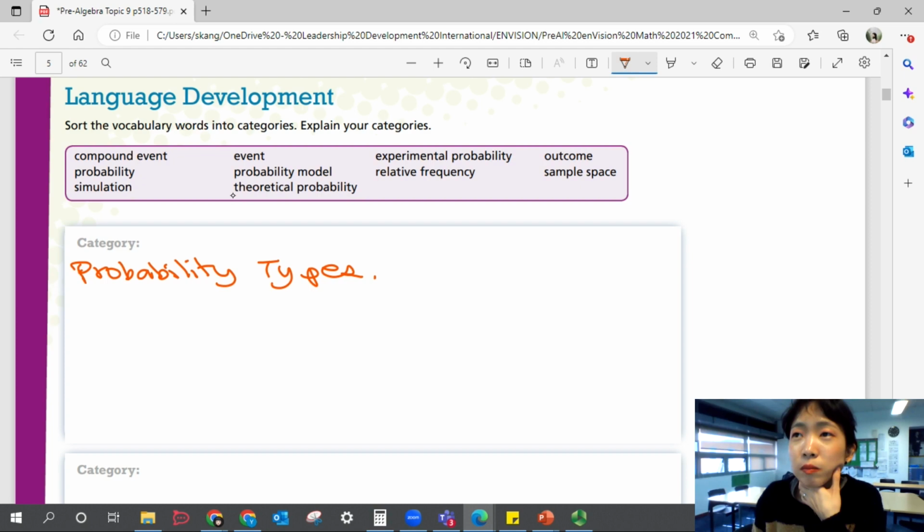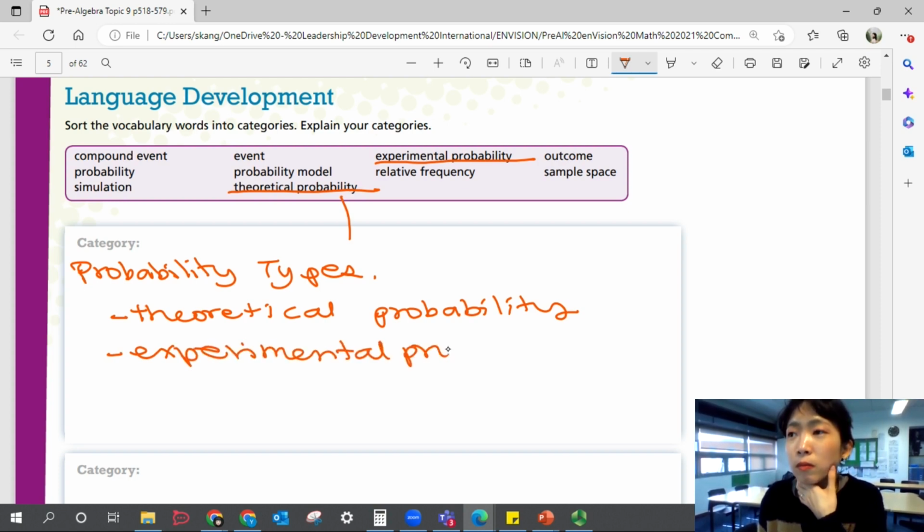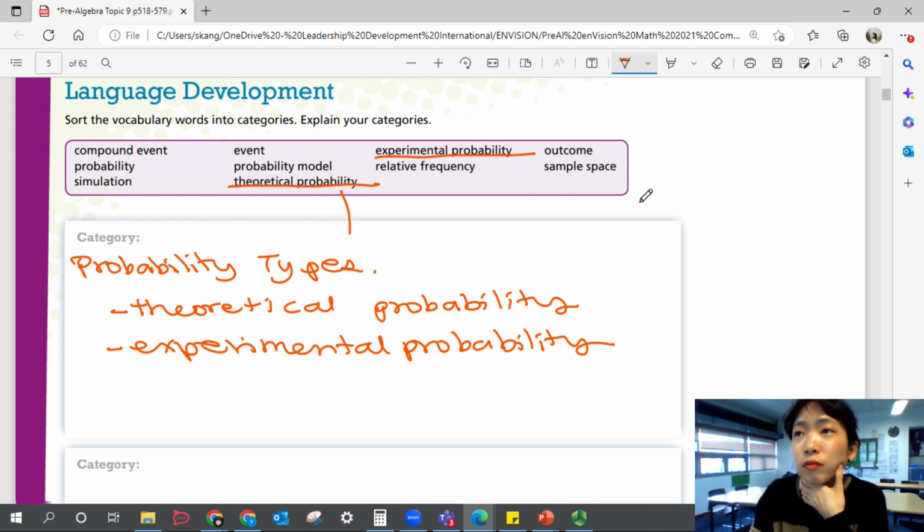And we can put in theoretical probability. And then we can put in experimental probability. And probability itself is not a probability type, right? So let's leave that.